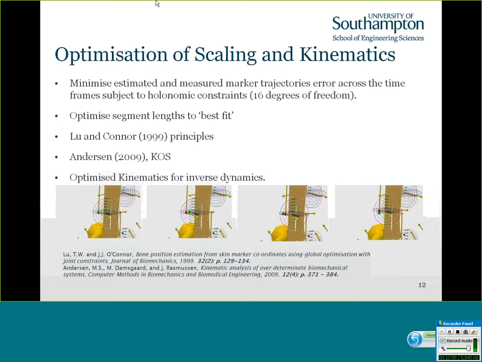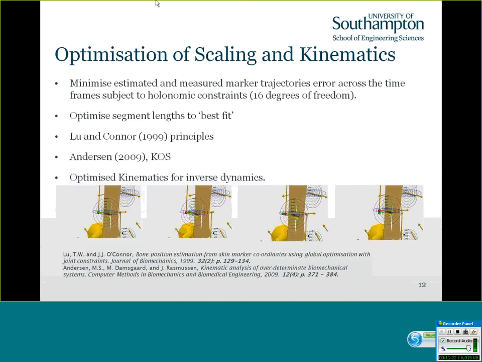And in order to find our optimized kinematics, we can use Michael Skipper Andersen's algorithm in order to optimize the kinematics across the time frame. And as I'm sure you're aware, it minimizes the estimated measured marker trajectory error across each time frame, subject to the harmonic constraints.